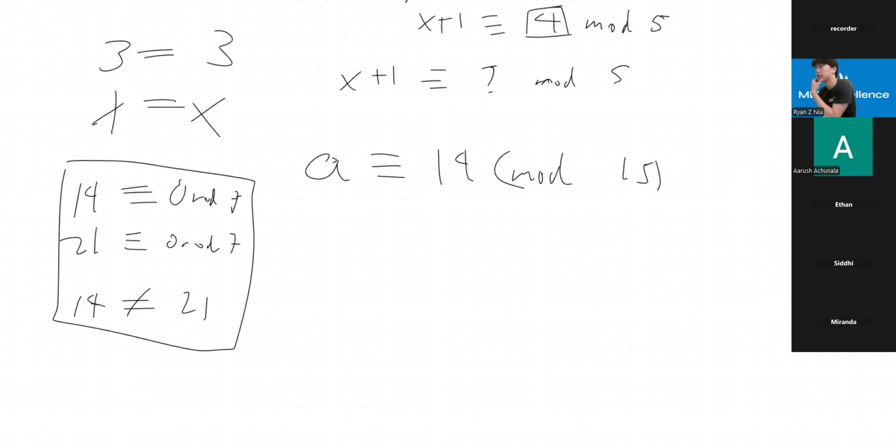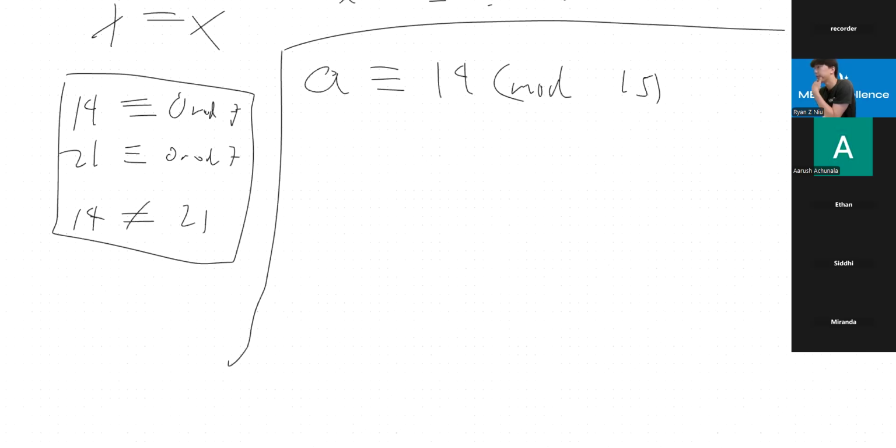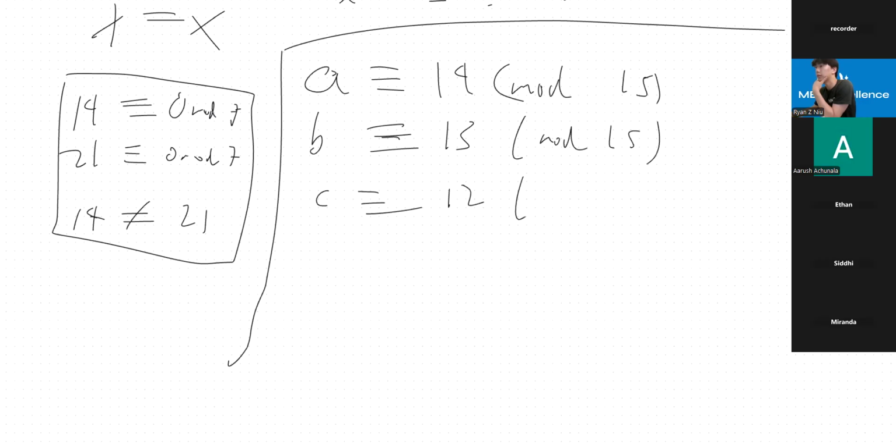Just cutting this off here so you guys know what I'm trying to get at. So let's say we have A equals 14 mod 15, and B is 13 mod 15. C is 12 mod 15, and D is 11 mod 15.